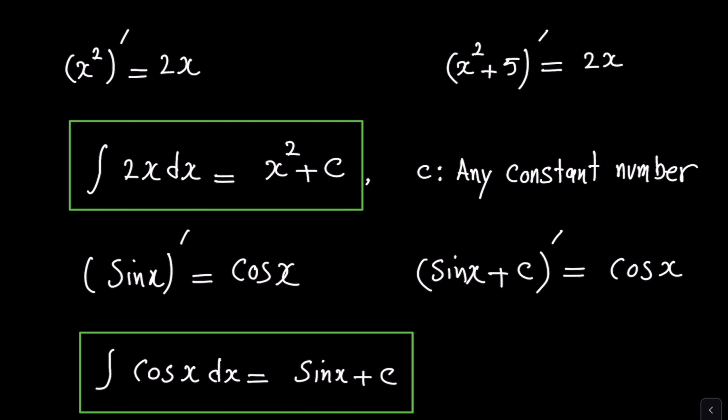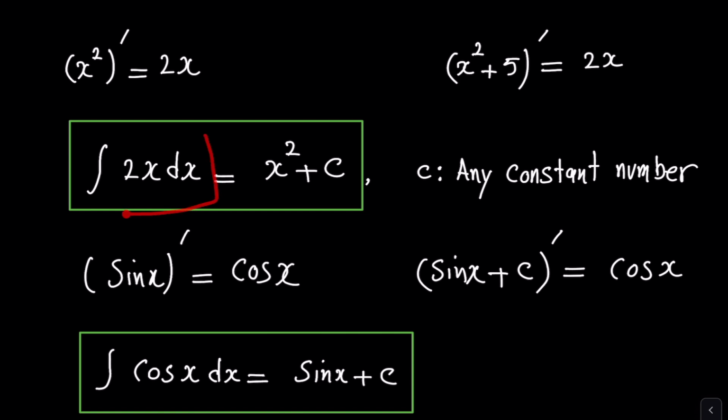So this is how it's written. We call it the integral of 2x or the indefinite integral of 2x dx, and it's equal to x squared plus c. Again, x squared plus c is the form of all antiderivatives of the function 2x, and that's simply what antiderivative and indefinite integrals mean.